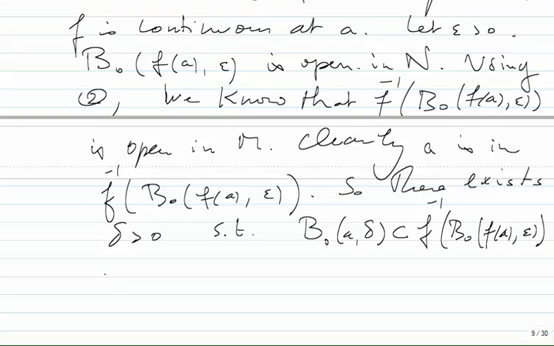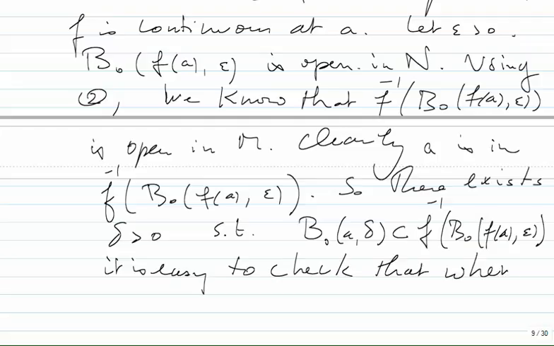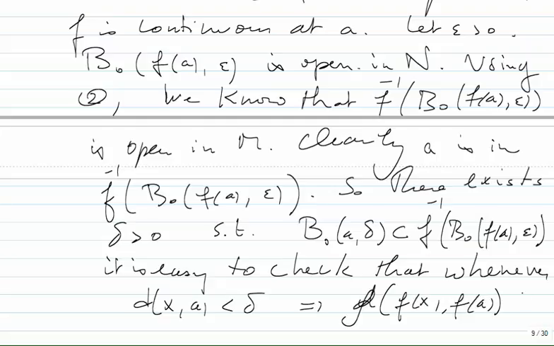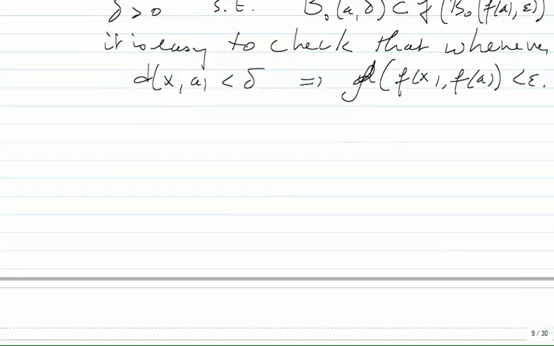In other words, whenever the distance from x to a is less than delta, we get rho of f of x, f of a less than epsilon, and that's the definition of continuity. So f is continuous at any point, therefore f is continuous on the entire set.